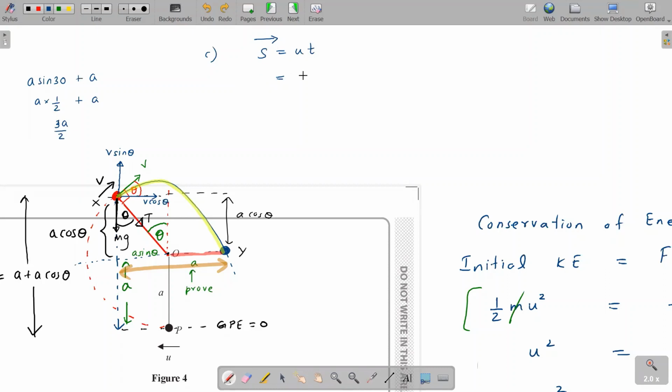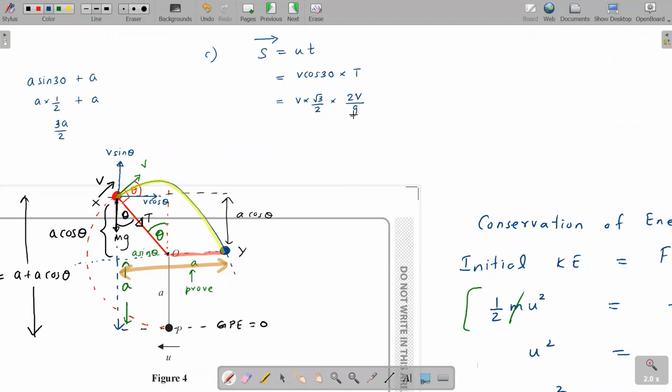So I'll apply S equals ut. u is the initial horizontal component, which is v cos 30, where theta is 30, and time is capital T, right? And v cos 30 is root 3 over 2 times v. And capital T, we just found, what's capital T? 2v over g.